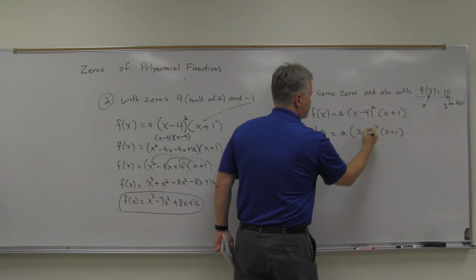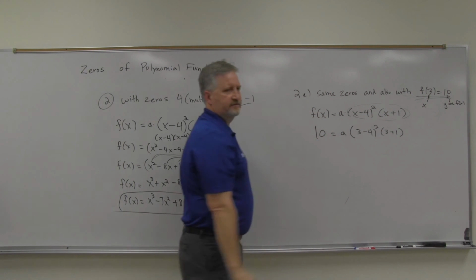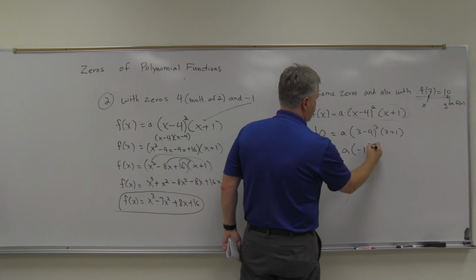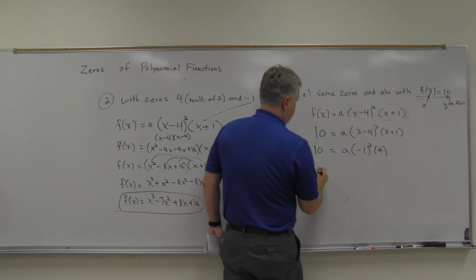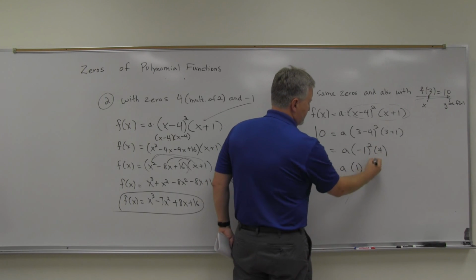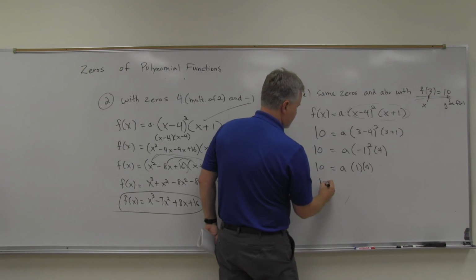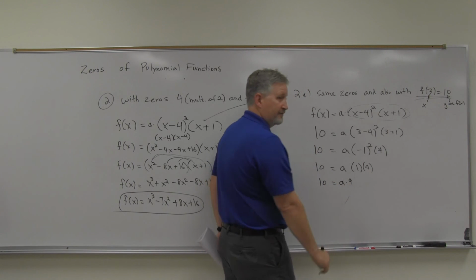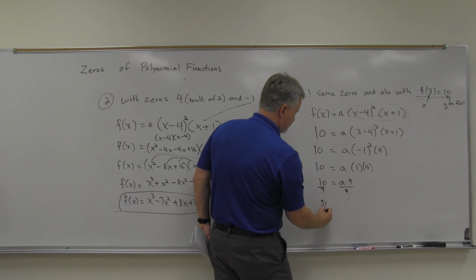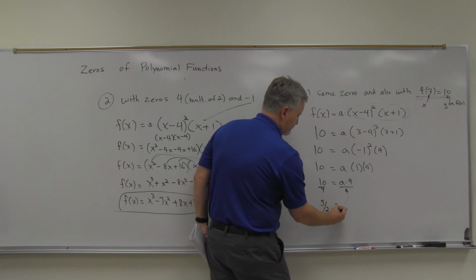So we plugged in x to be 3 and the f of x to be 10. What does that give me? Well, negative 1 squared is positive 1 times 4, so that's just 10 equals a times 4. How do we get rid of the 4? Divide it. 10 by 4 is 2.5. That reduces to 5 halves, 2.5.